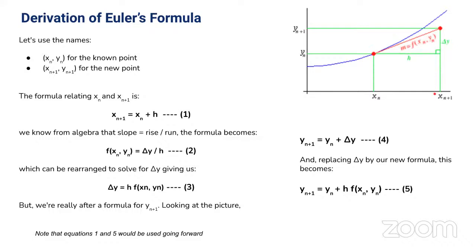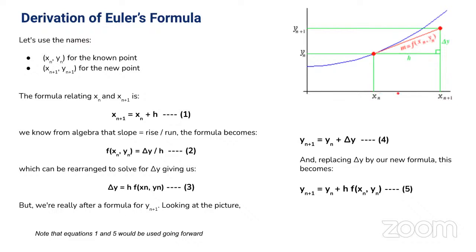Now for our new point, let's represent our new point as x of n plus 1, since we're taking one step to the right, and we represent our y-axis value as y of n plus 1. Now the difference between our x of n and our x of n plus 1 is what we call our step size.